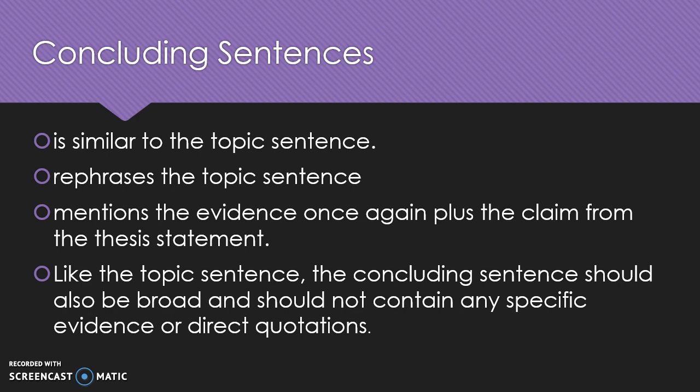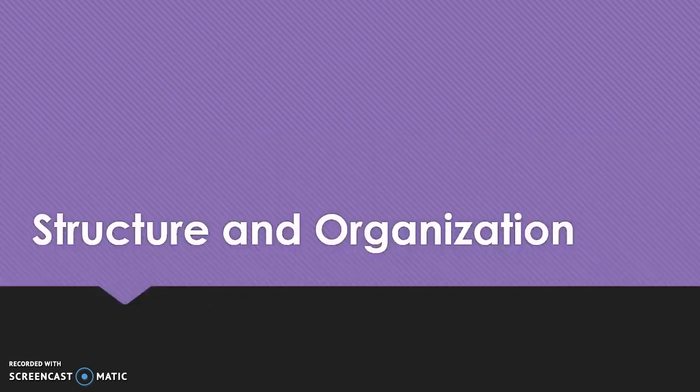Broad means something that's not narrow, okay? Something that's general, and it should not contain any specific evidence or direct quotes, just like your topic sentence. No direct quotes, no evidence. Got it? No specific evidence from the text. That's what I mean. Specific evidence from the text.